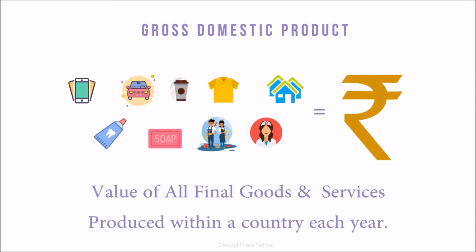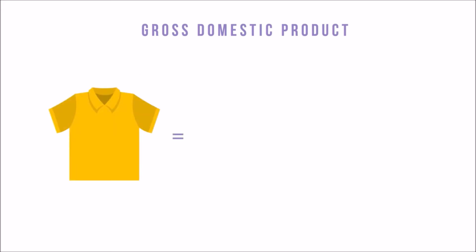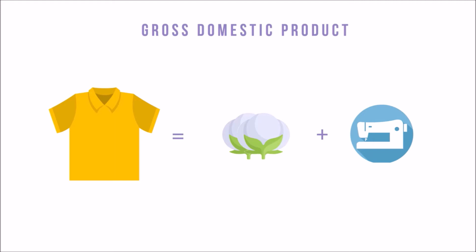There are a few things you should consider. It only takes into account the value of final goods and not the raw materials used to produce those final goods. For example, the value of a t-shirt produced will be calculated in the GDP, but the value of raw materials used to produce that t-shirt, like cotton and printing, will not be taken into consideration at all.